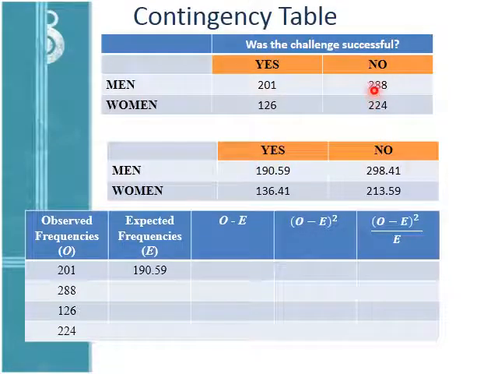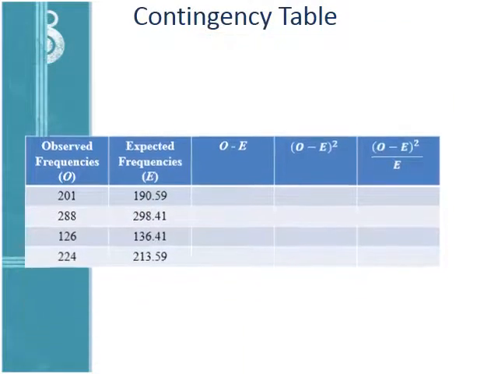Same thing for 288, I should have 298.41 next to it. So the key here is it doesn't matter the order that these observed frequencies go, as long as the corresponding expected frequencies are right next to them. And now we can do our O minus E column.